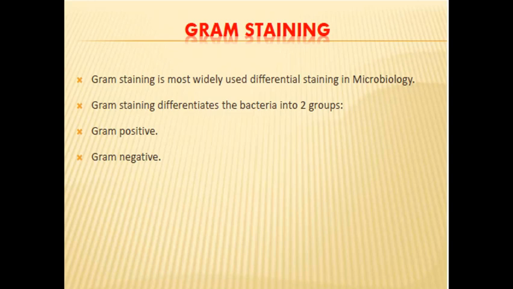This is a very common method, and we routinely perform it in the laboratory whenever we work with microorganisms, to identify any contamination in our pure culture and to identify gram positive and gram negative bacteria. Specifically, we perform Gram staining in the laboratory to distinguish bacteria into two groups, gram positive and gram negative.